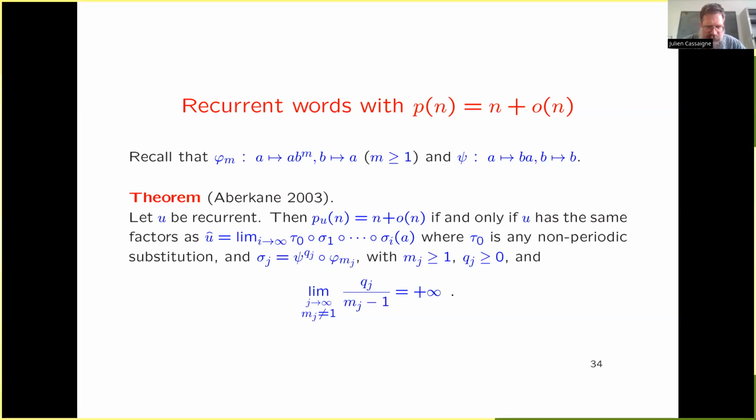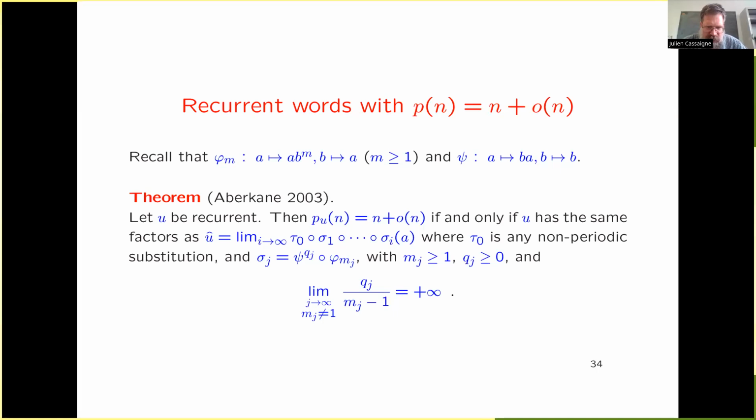And so the theorem by Ali Aberkan is that the complexity is n plus little o of n, which means exactly alpha equals 1, beta equals 1, if and only if the language of U is the language of the S-adic sequence obtained with such a sequence of substitutions, where the numbers q_j and m_j satisfy this infinite limit.